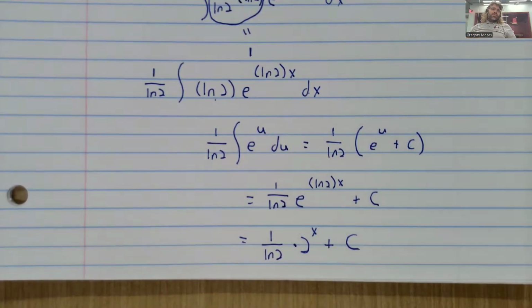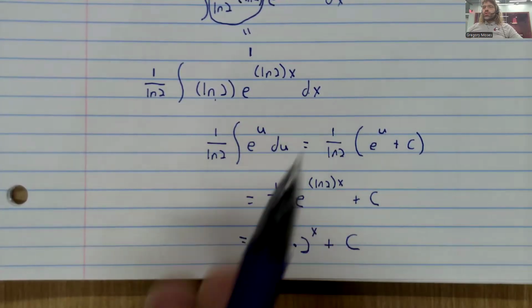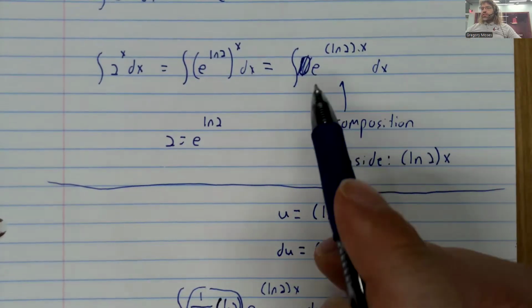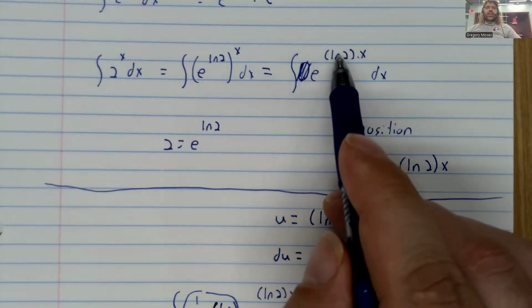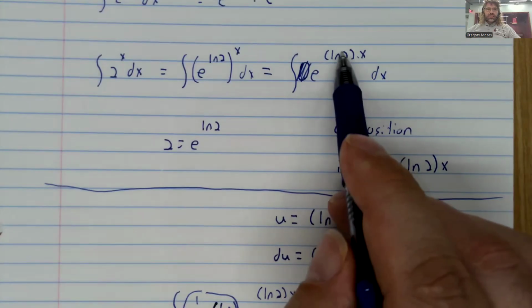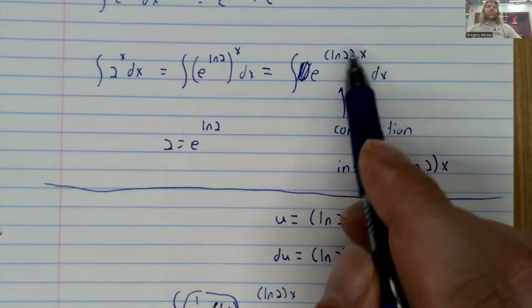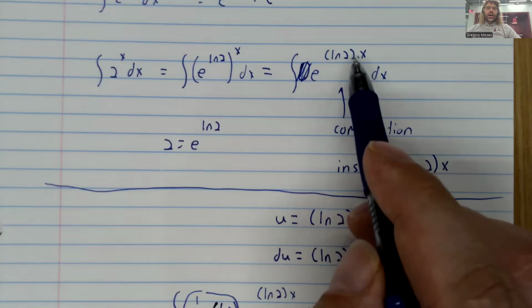But the important thing here is that we were able to deal with a missing constant. And this little u substitution, where we want to integrate e raised to a constant times x, shows up all the time.